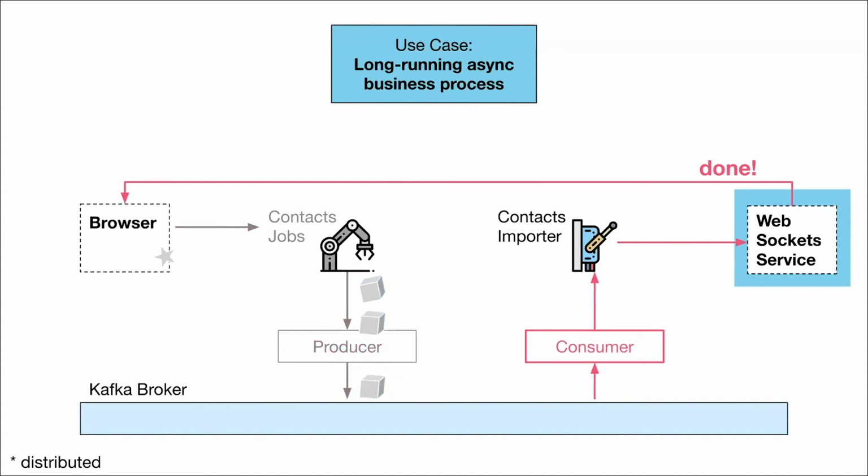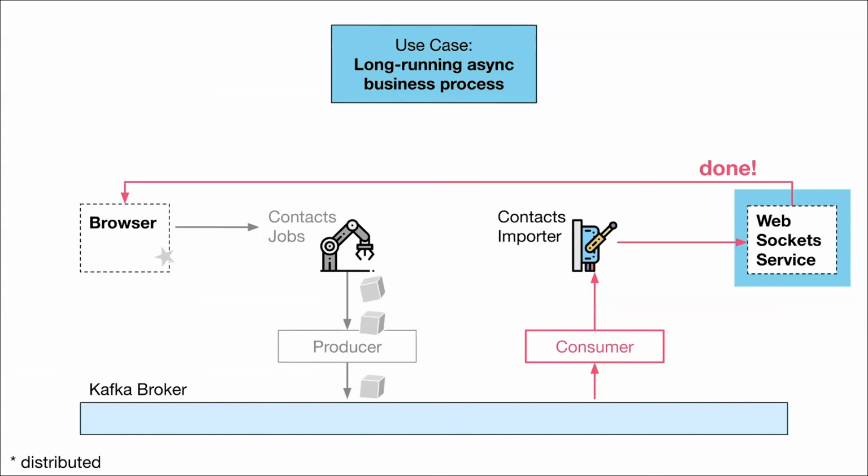But let's say we had just one service with a lot of instances that actually does the importing from Google. And once it completes the job, it just sends the notification back, publishes it to the WebSocket service with the channel ID of the browser that came along for the ride on the Kafka event.